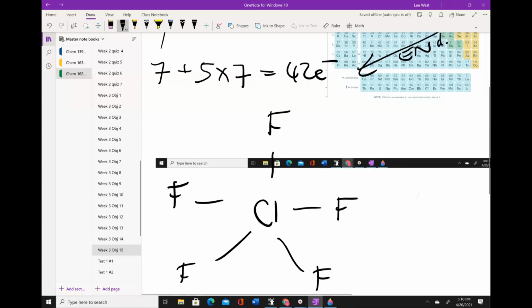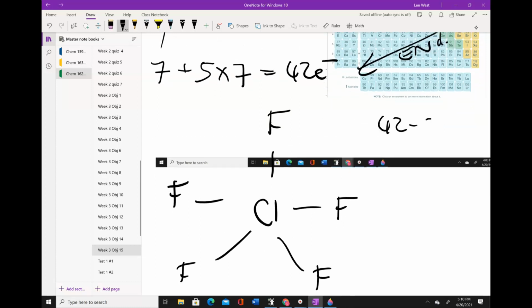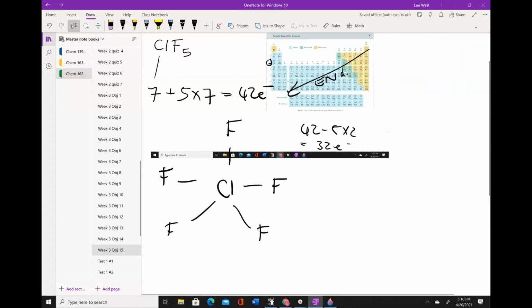There we go. So 42 minus 5 times 2, or minus 10, leaves 32 electrons remaining after making those single bonds between the outer and the central atom. We're going to complete the octet on all of the outer atoms, and in this case, how are we going to do that? Add 6 electrons each. So we're going to add 6 times 5, or 30 electrons.